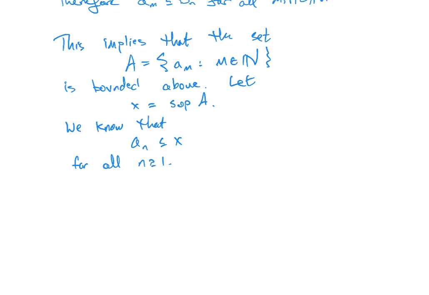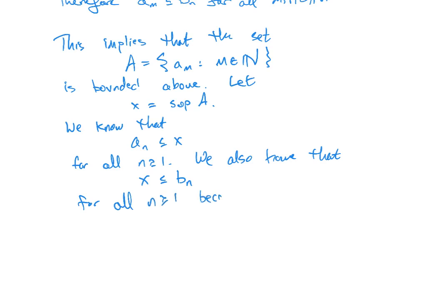Why is that true? It's true because if there is a Bn less than X, then we would have an An in A which is greater than Bn.